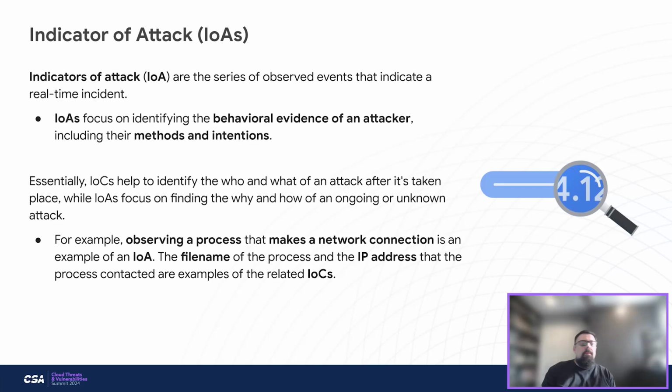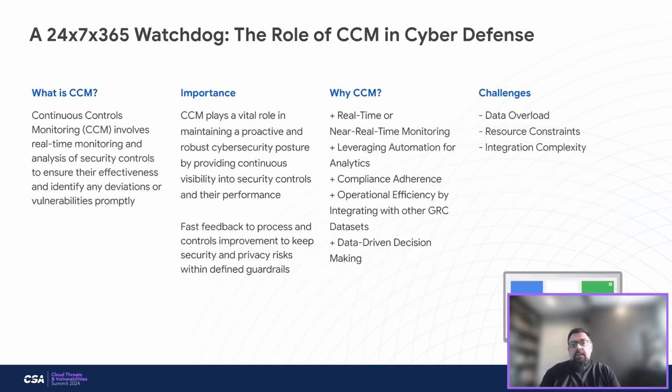Now, the reason why these are critical to the overall process is because they dovetail very nicely into the concept of continuous controls monitoring. Continuous controls monitoring involves the monitoring and analysis of security controls to ensure that they're effective, that they're working, and that they're providing the exact outcomes and objectives of what we're trying to accomplish, right?